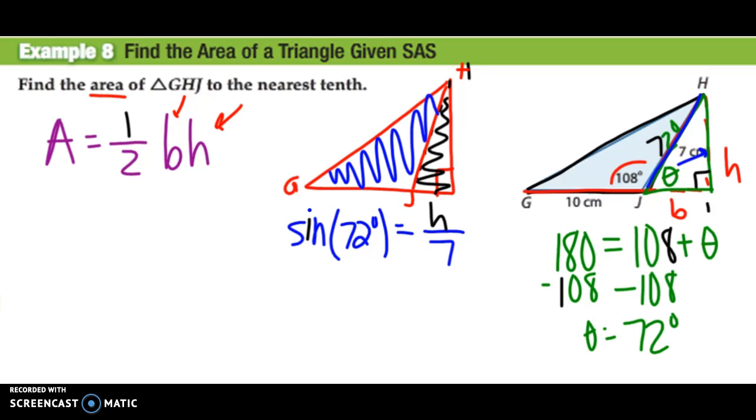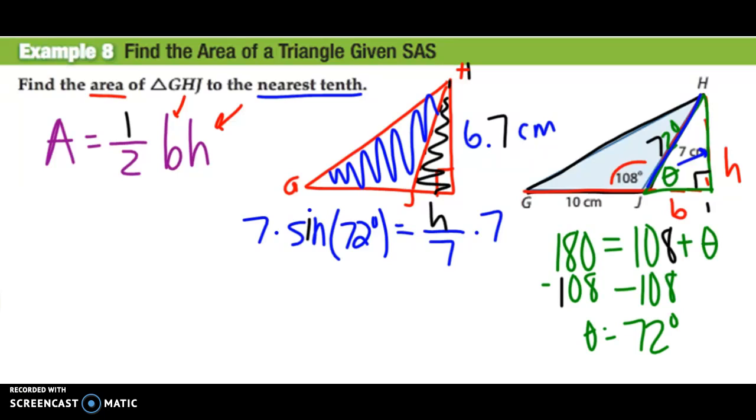I solved that for H by multiplying by 7. And 7 sine 72 degrees is approximately, since they tell me to round to the nearest tenth, 6.7 centimeters for this H.